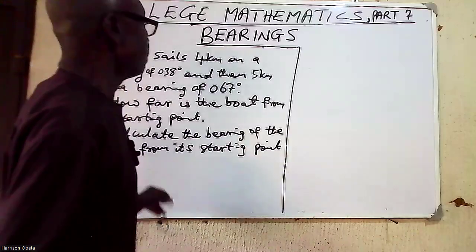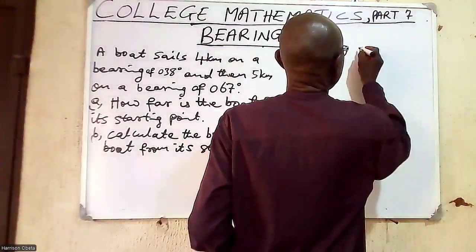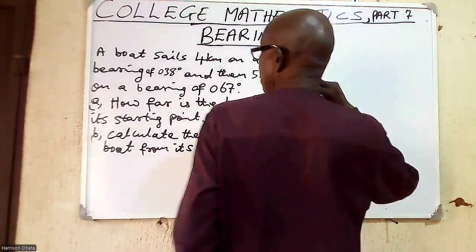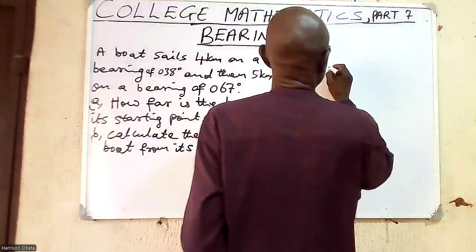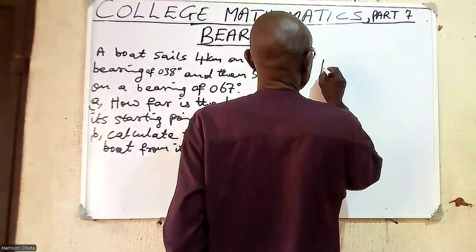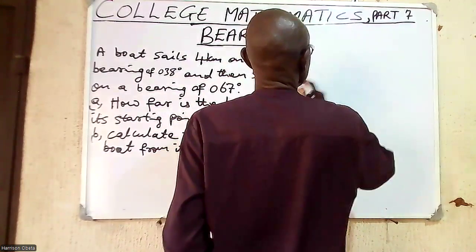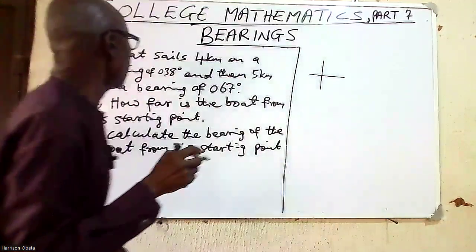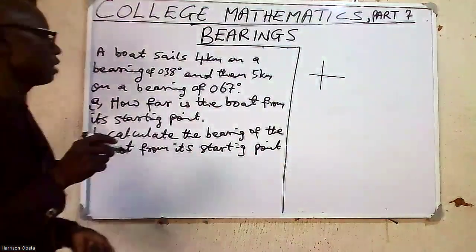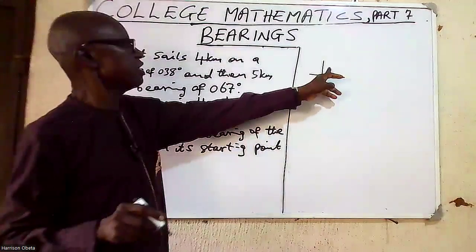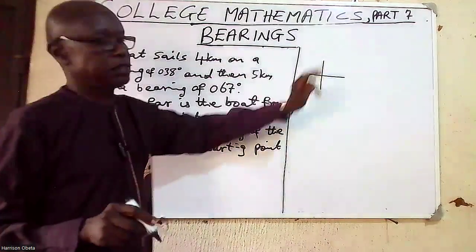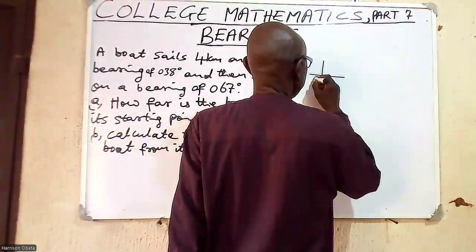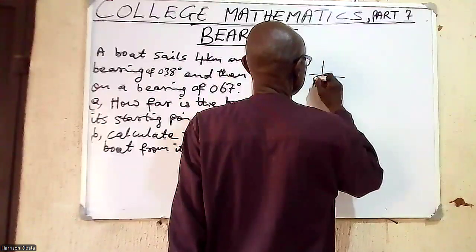So let us start here, on a bearing of 038. Remember that since it is 038, it is still within the first quadrant. So let's take this to be our P, the starting point.